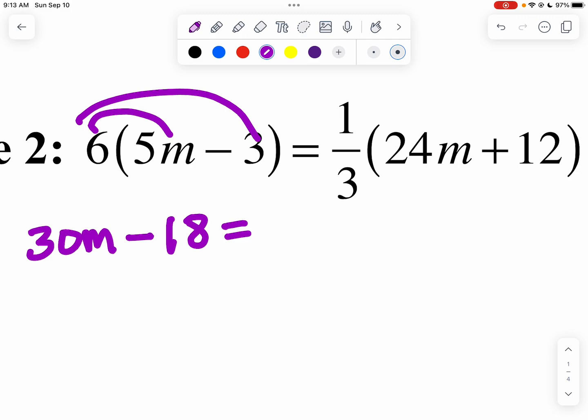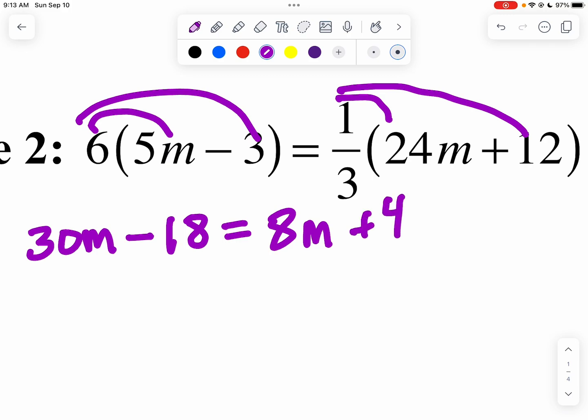Now I've got the left side distributed, so I'll do the right side. Remember, when you distribute a fraction, like 1/3, we're really dividing by 3. So 24 divided by 3 is 8m. 12 divided by 3 is a positive 4.